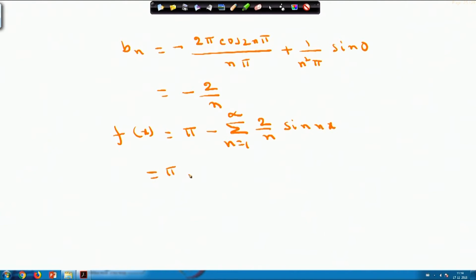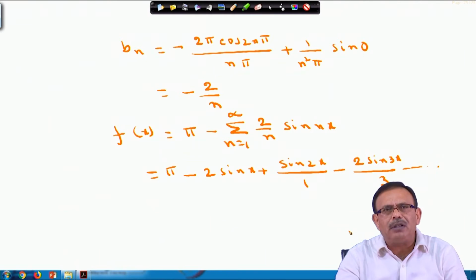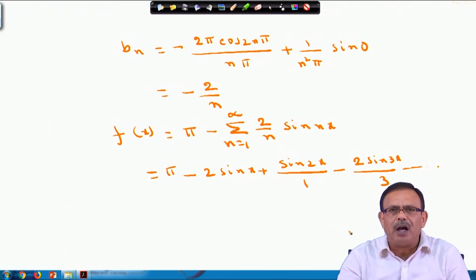So, if I expand it, I will obtain minus twice sin x, plus sin of 2 x by 1 minus 2 sin 3 x by 3, and like this it will continue. So, once I get a naught, a n and b n, I can expand the function in this series.